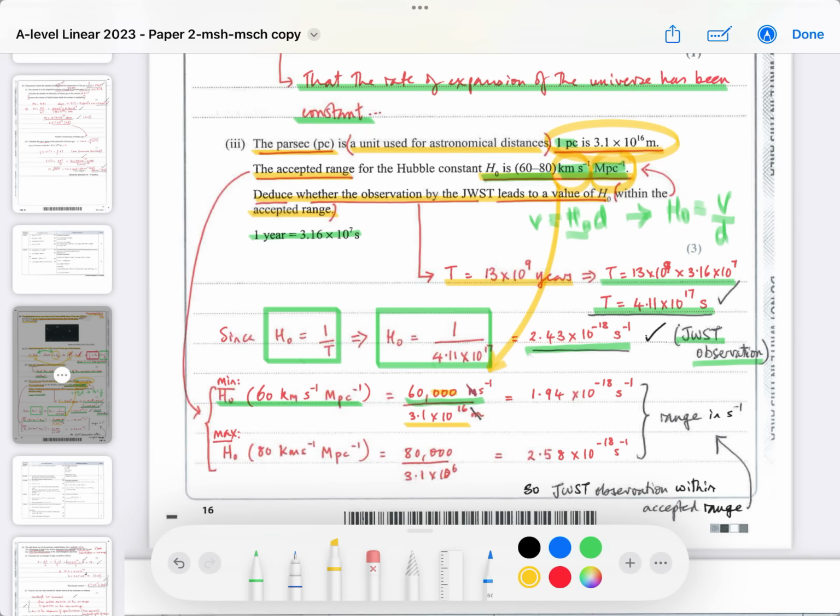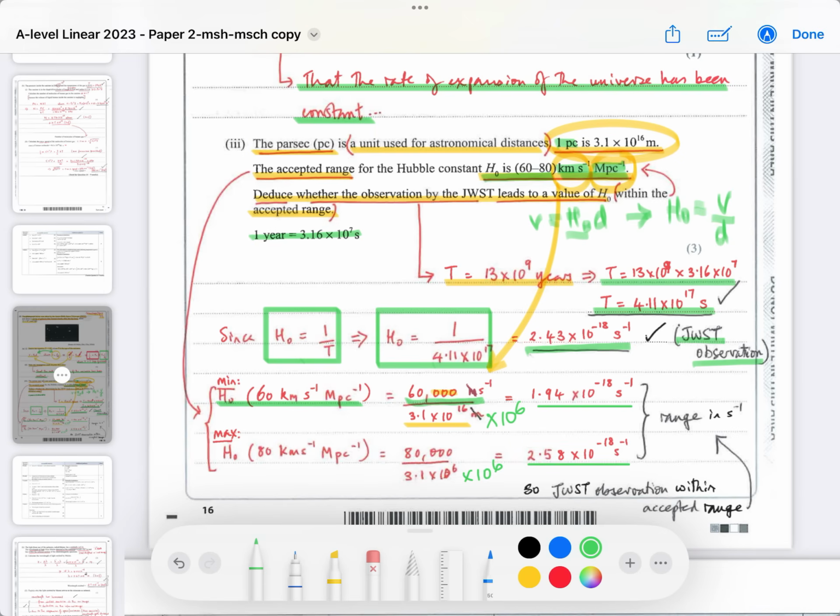Actually, that should be 3.1 times 10 to the 22, because we haven't put the mega in. So we multiply by 10 to the 16 and 10 to the 6 at the bottom. If we get it right, this is the answer. I just forgot to write the 10 to the 6 in, here and for the maximum value. So we then get the range per second.